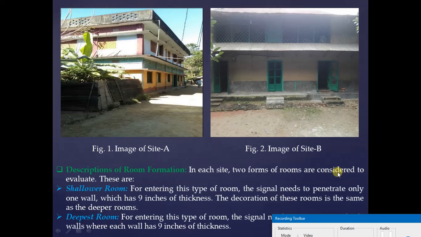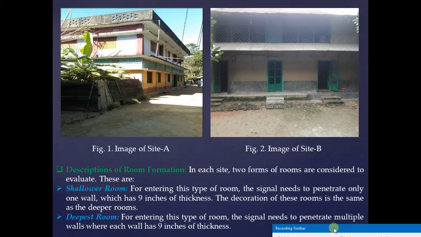For entering the shallower room, the signal needs to penetrate only one wall, which has 9 inch of thickness, and the decoration of such rooms is similar to each other. For entering the deepest room, the signal needs to penetrate multiple walls where each wall has 9 inch of thickness.